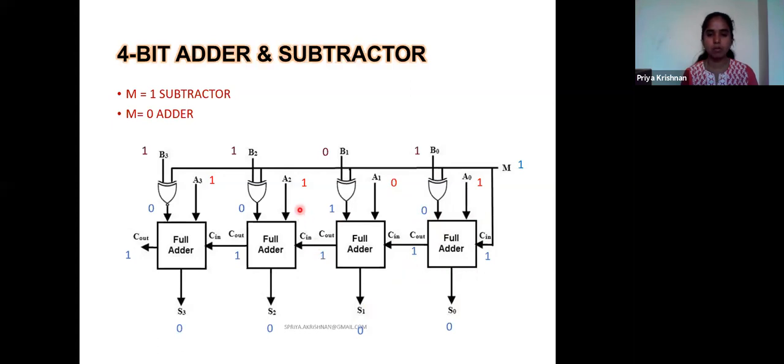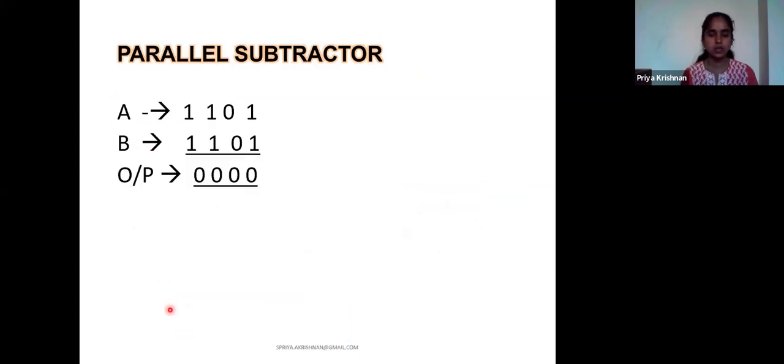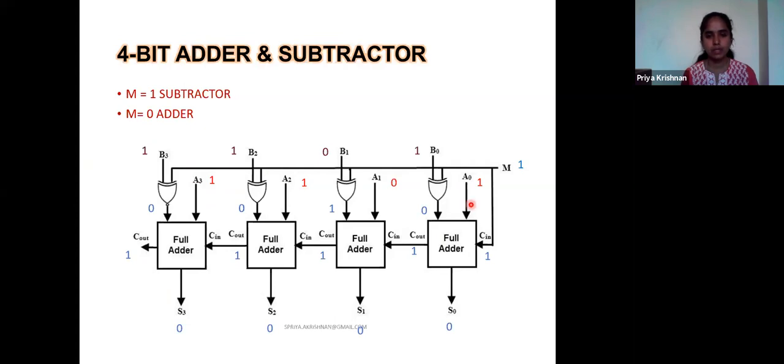Again 1 plus 1, the sum, that is the difference, is 0 here and the carry came out. Again 1 plus 1, it is 0 here and the carry came out as 1. So we got the final result: if you subtract the same number, we get all zeros. Our circuit block diagram is successfully working as a subtractor.